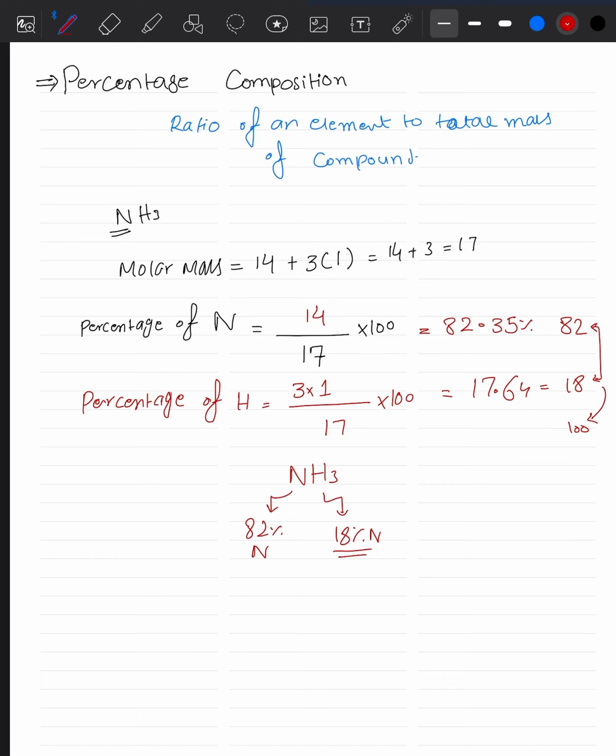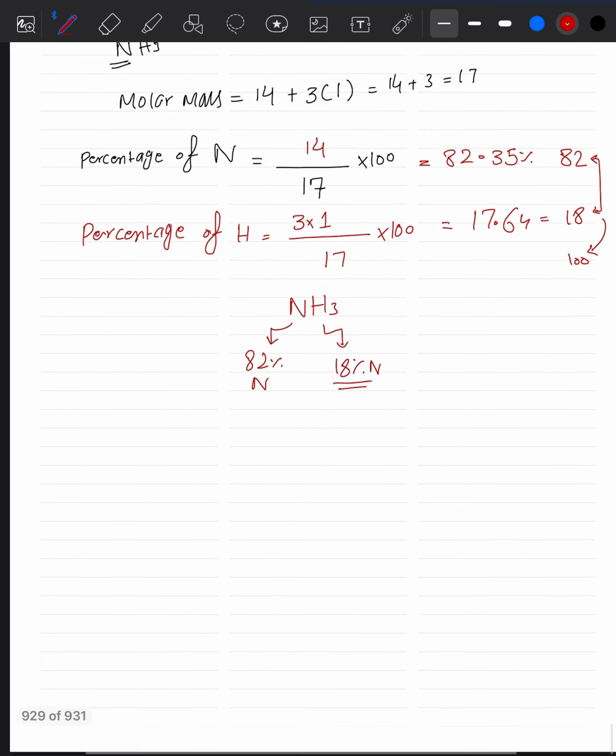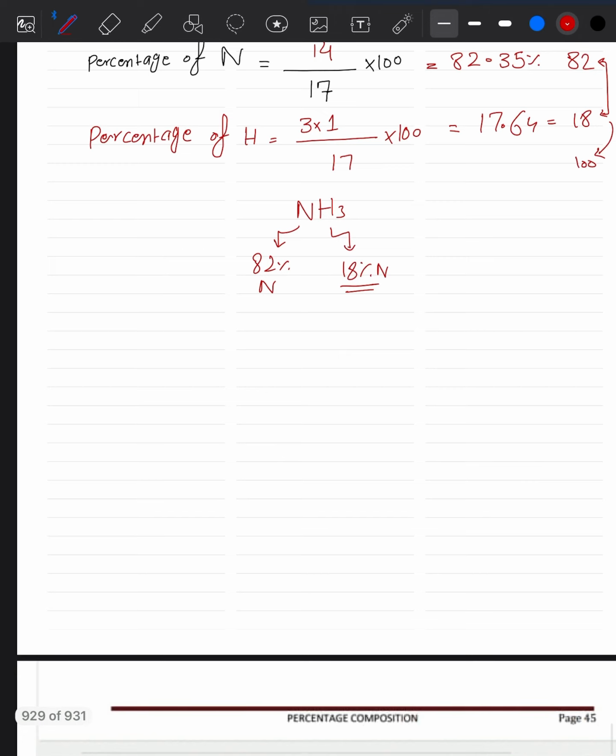Let's take another example. Let's say we have calcium hydroxide. The formula of calcium hydroxide is Ca(OH)2. And someone asks us to find the percentage composition of calcium.